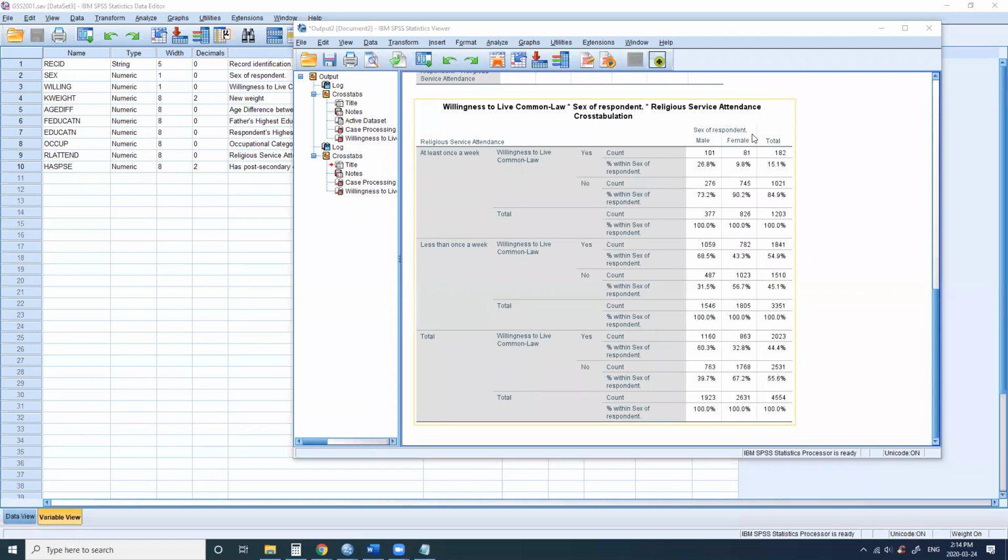So for the religious folks, the relationship is weaker than for non-religious folks. This would be an example of an interactive or interaction effect, where religious service attendance and the sex of the respondents interact to produce different probabilities in terms of willingness to live common law. Yeah, so this would be an interaction effect.